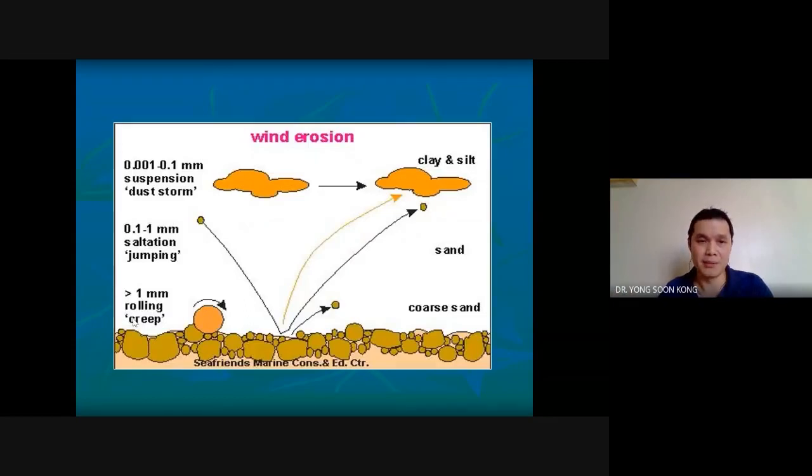So you can see that based on different particle size, the smallest ones are suspended. The ones involved in saltation, sand particles, are not very light but not too heavy, so they can lift temporarily, fall down, and cause saltation. And then the rolling creep, or surface creep, is due to the larger soil particles that cannot lift up, but they roll, they move along the surface. Yeah?